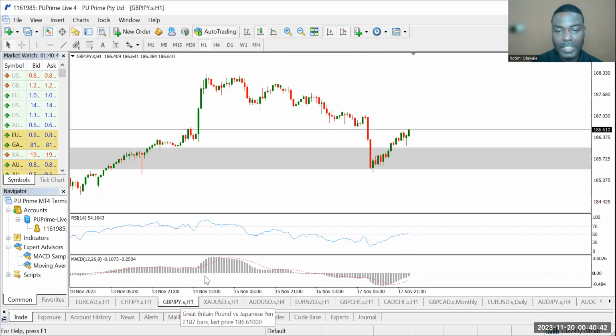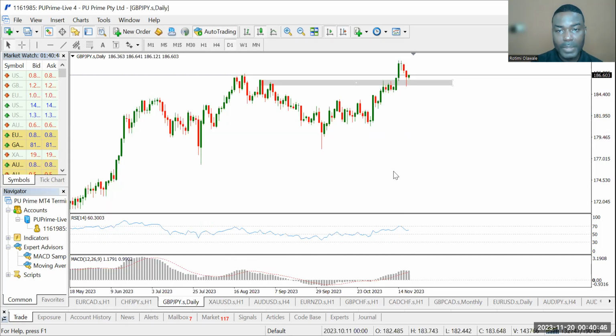Okay, so next I'll look at GBPJPY, and it's similar to the CHFJPY because here also we have a resistance level and there's a minor resistance here, and price broke out of the resistance, it's a support, and we expect a bullish continuation again, just like we had on the CHFJPY.